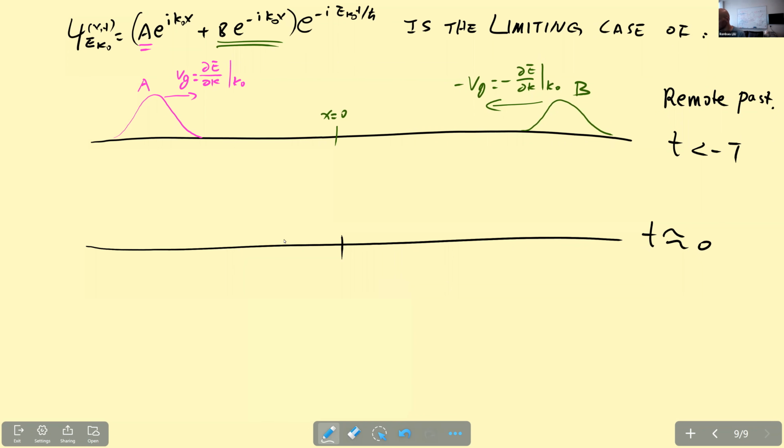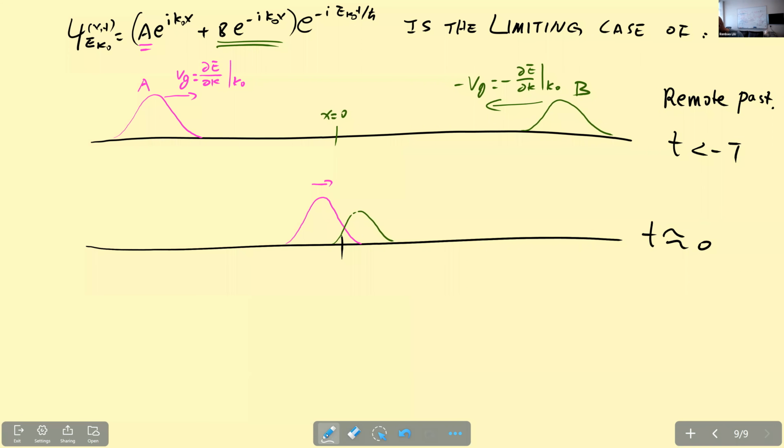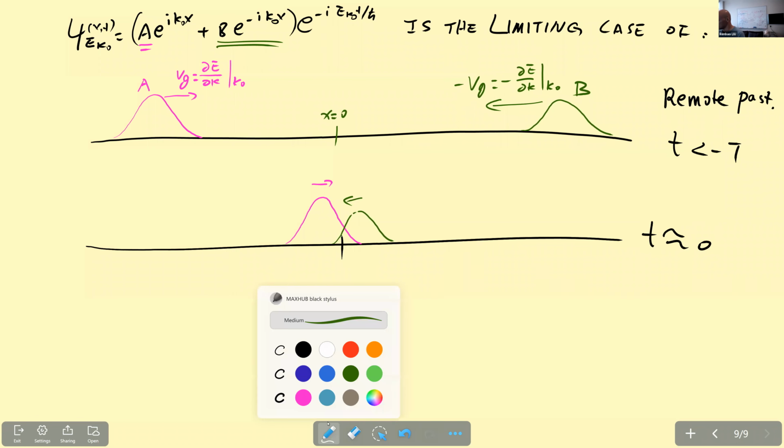So you're going to have something like this. One goes like this, and it's almost arrived right here, right? And the other one is something like this. So one is propagating to the right, one is propagating to the left. They meet each other, and just like two waves, they propagate through each other. But of course, the shape, if we really look at it, will be something like this.